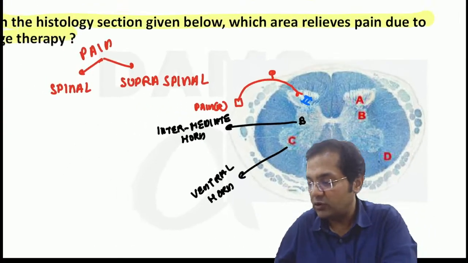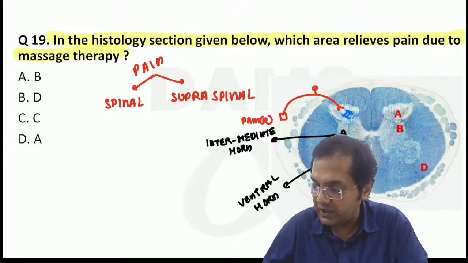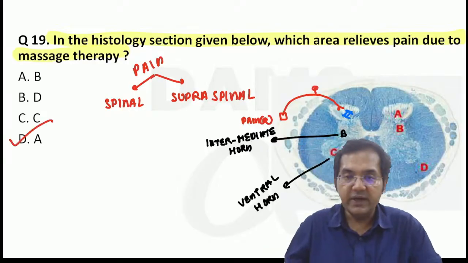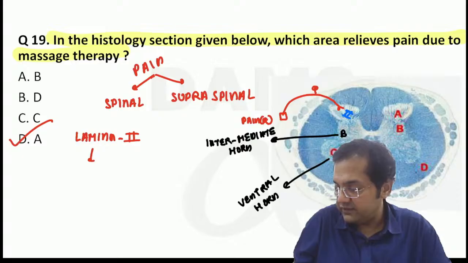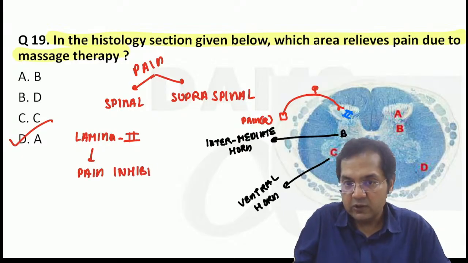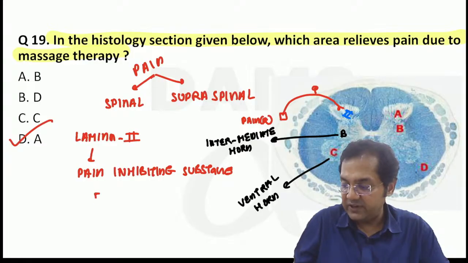It is in the dorsal horn. What is the dorsal horn? A. Right? Yes. Now you people are able to recap. Good. So remember, lamina 2 releases pain inhibiting substances known by the name, which substances? Enkephalins.